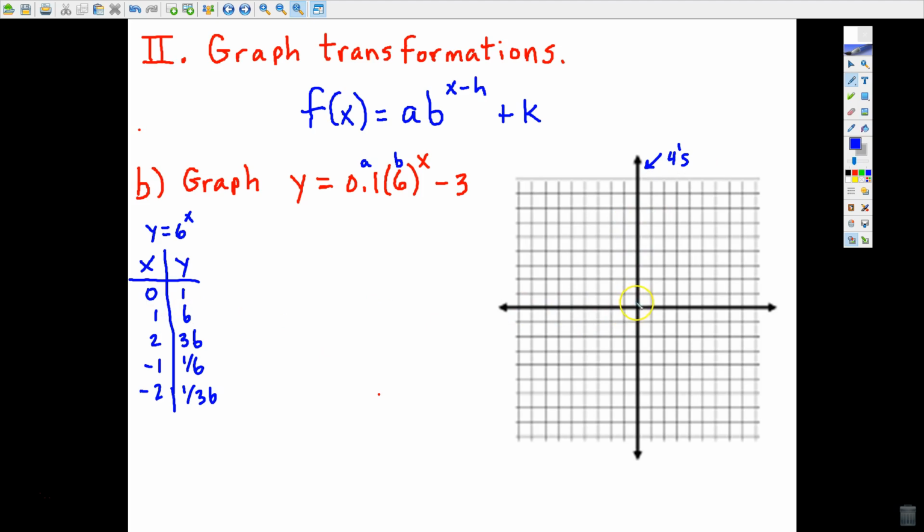So I'm going to guesstimate 0, 1, about right there. 1, 6, 2, 36, 1, 2, 3, 4, 5, 6, 7, 8, 9. And then these are just going to be really, really close. All right, I'm not going to draw the actual line, but I'm just going to use these as reference points, and then I do want you to show me the table.